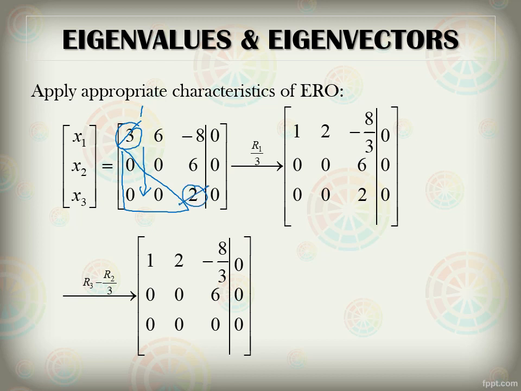So you need to follow the ERO method. Now you reduce this to 1. R1 divided by 3, so all of row 1 here will be divided by 3, and that reduces the first element to 1.